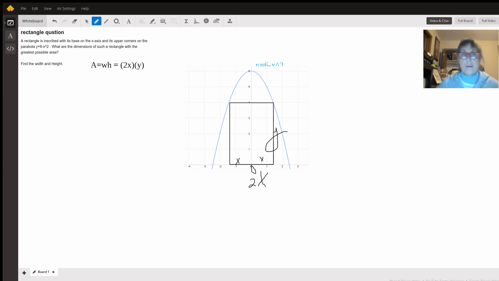But this has 2 variables, and we would really like our area in one variable. And if we noticed, we can keep the 2x, but right here is an expression for y in terms of x. So we can replace this y with the expression 6 minus x squared.